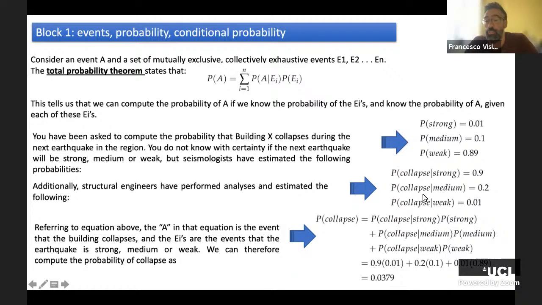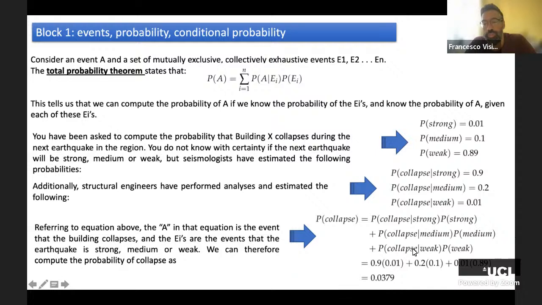So we can use the total probability theorem to put together all this information and calculate the total probability of collapse, given by the probability that the building collapses during the next earthquake given the earthquake is strong, multiplied by the probability that the next earthquake is strong, plus the probability of collapse given medium, multiplied by the probability of medium, and so on.